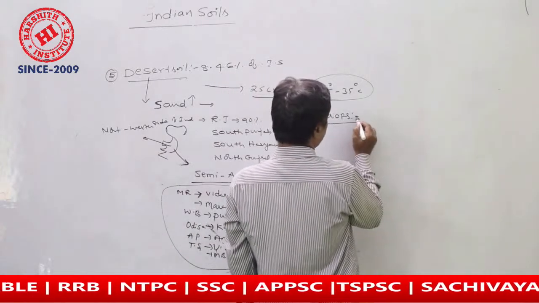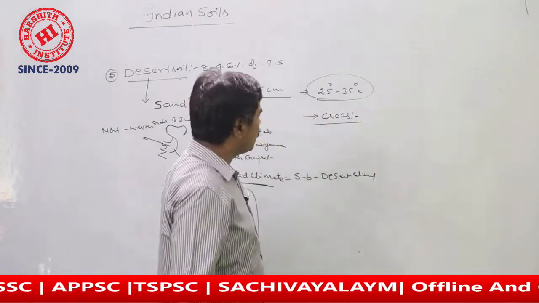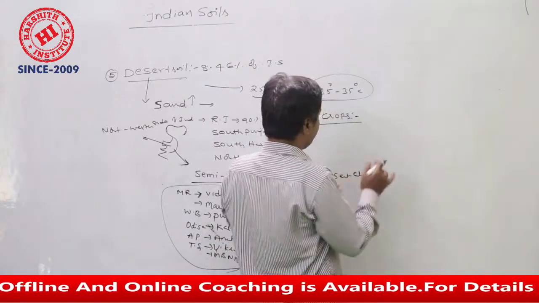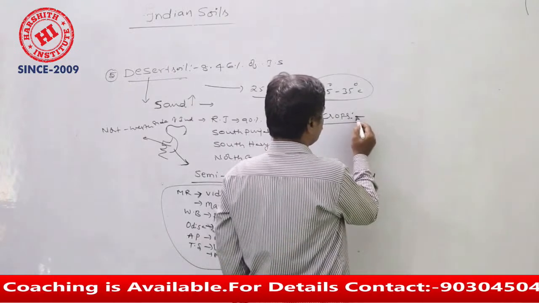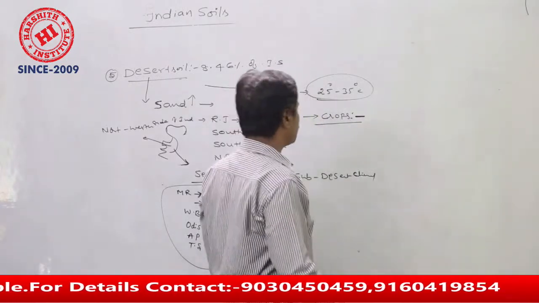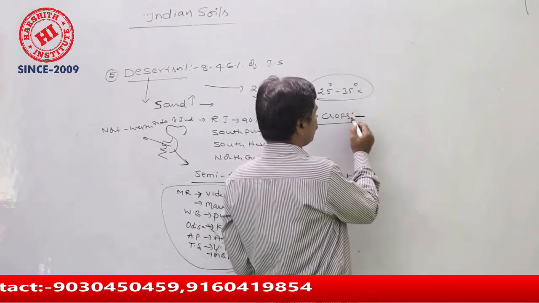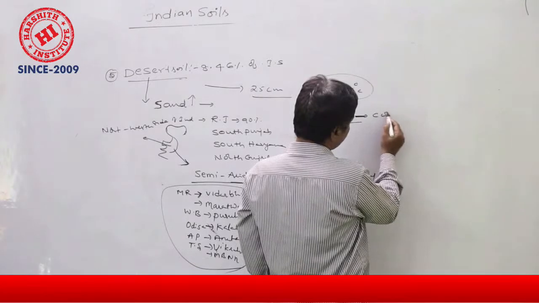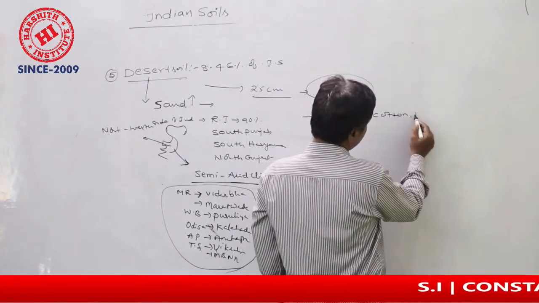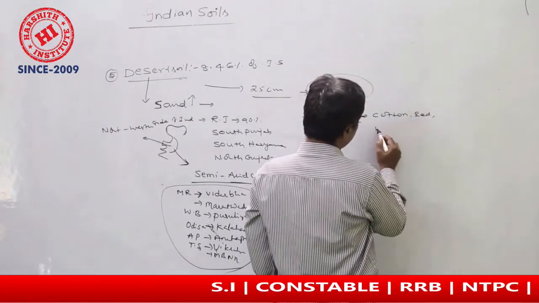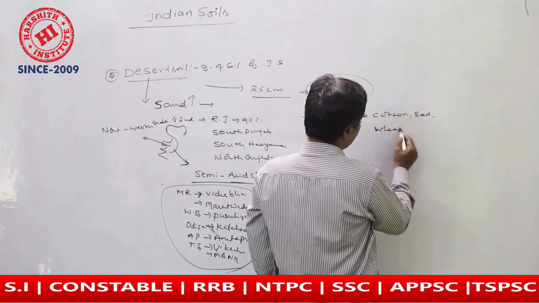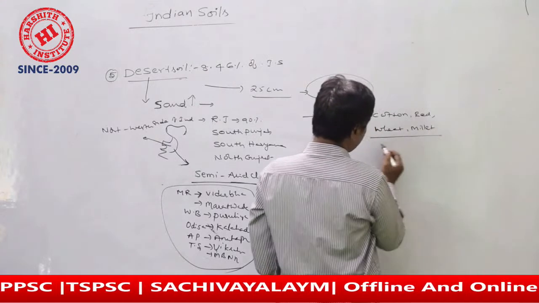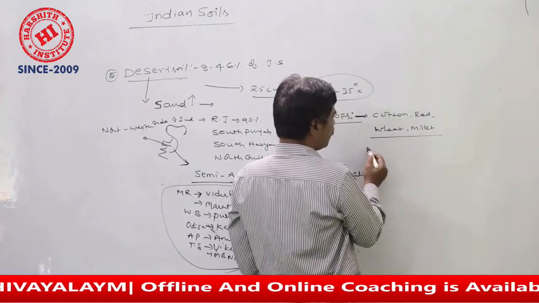That's why these soils are not suitable for crop cultivation. But recently these soils are also giving maximum production of different types of crops. Here they cultivate cotton, rice, wheat, millets; all of these can give the highest production.